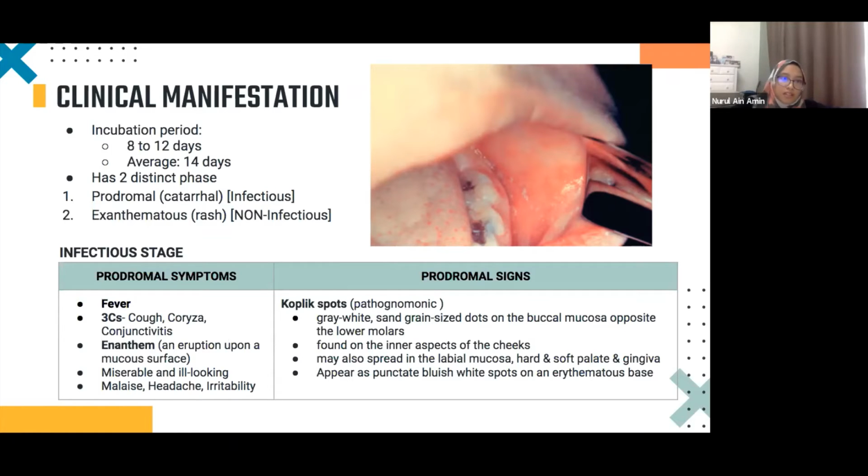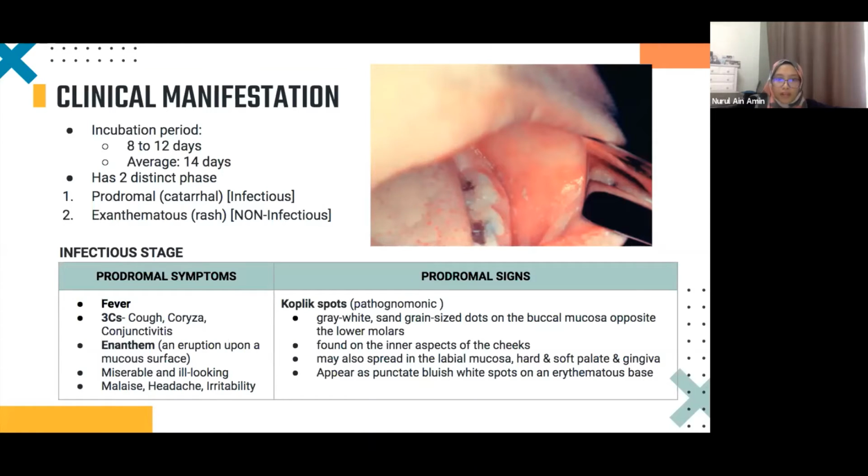In the infectious stage, we have the prodromal phase, which usually occurs for 3 days. The main features are fever and the 3 C's, which are cough, coryza, and conjunctivitis. We also have enanthem and eruption on the mucous surface. The child can also look miserable or ill, with malaise, headache, and irritability.